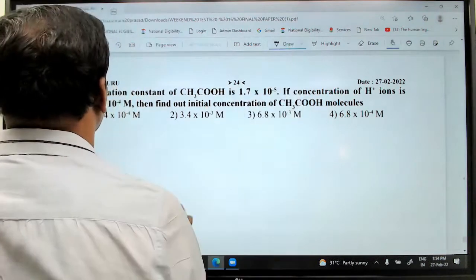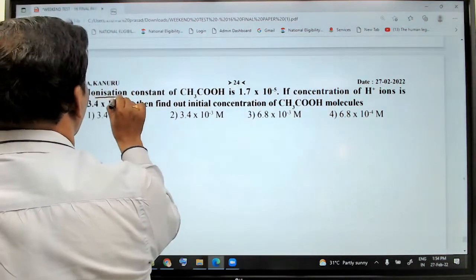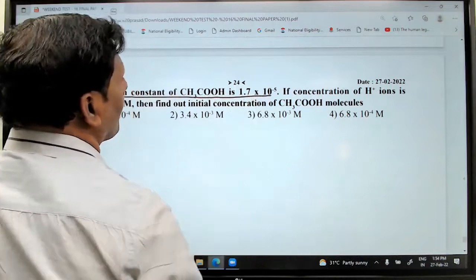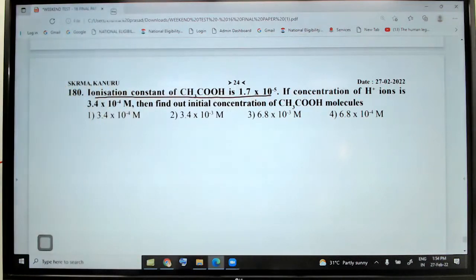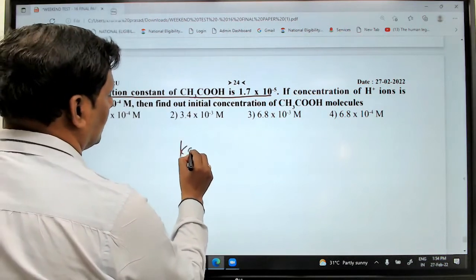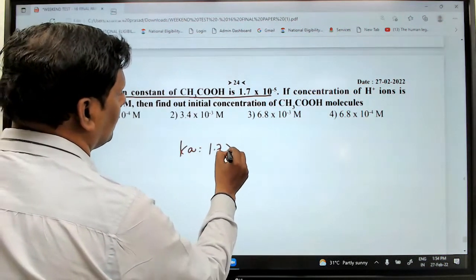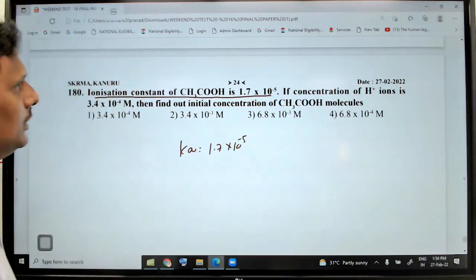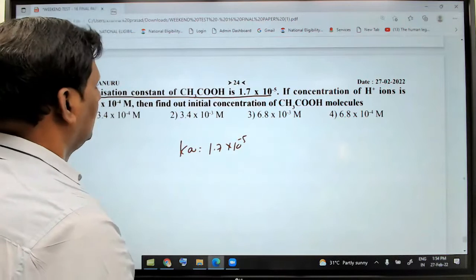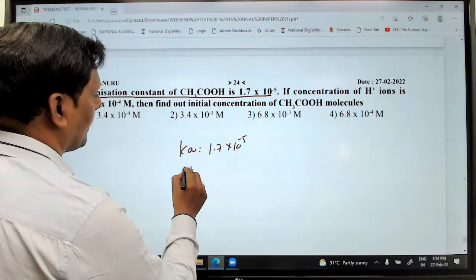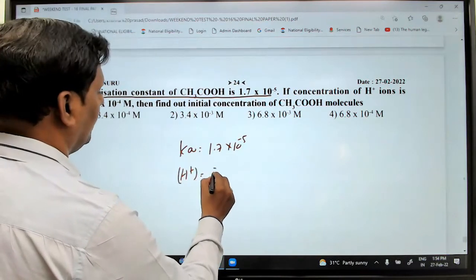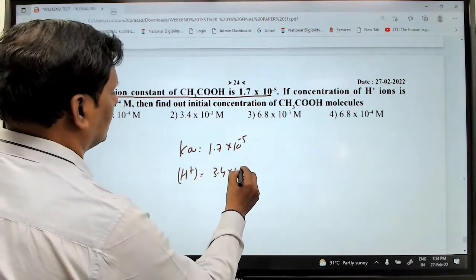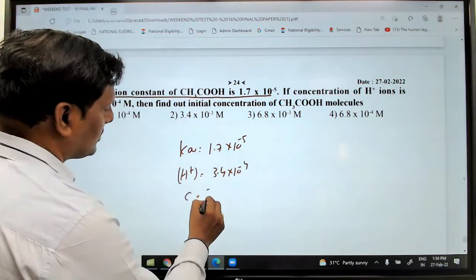अच्छा, next question they given a K value, 1.7 10 power minus 5. अच्छा, H plus is given, 3.4 into 10 power minus 4. अच्छा, you have to calculate.